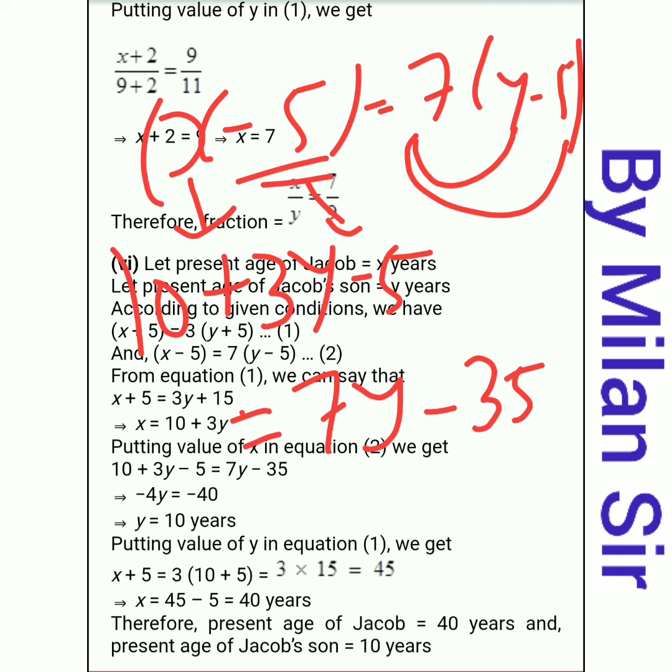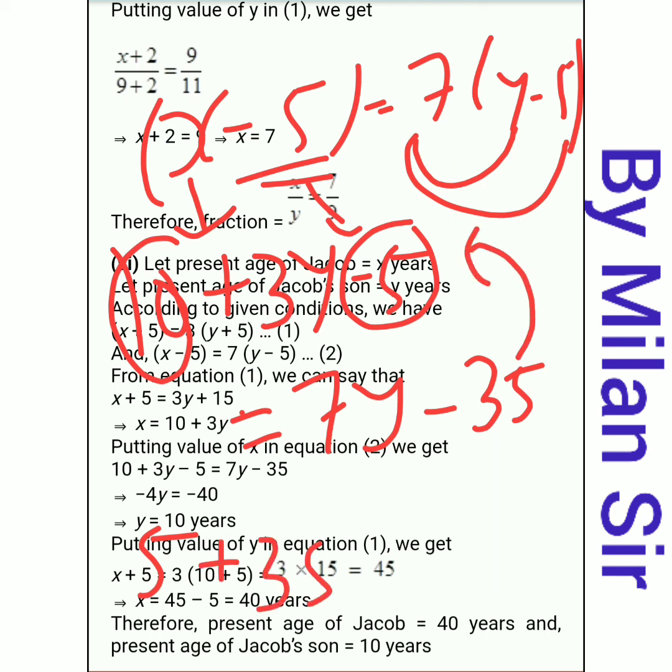Now in the left hand side, 10 minus 5 is 5. Now I transfer minus 35 to the left hand side, it becomes plus 35, because I collect my constant terms on the left hand side and other terms on the right hand side.